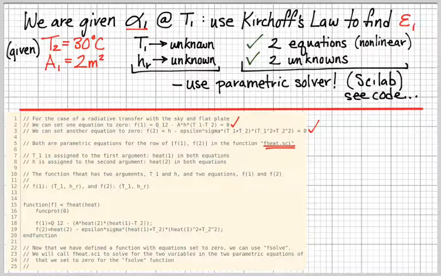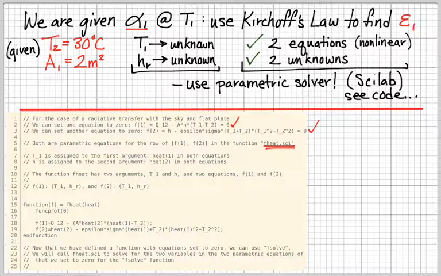So as you read down, you see that function 1 has two arguments, both temperature and the heat transfer coefficient, the two unknowns that are mentioned up at the top of the page, and function 2 has the same two unknowns. So two equations, two unknowns.